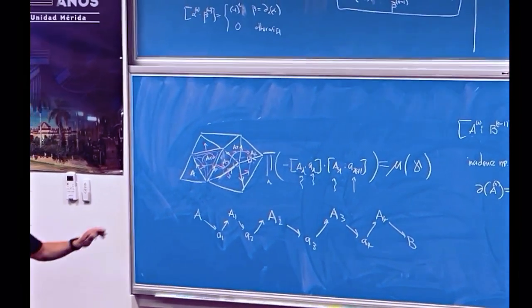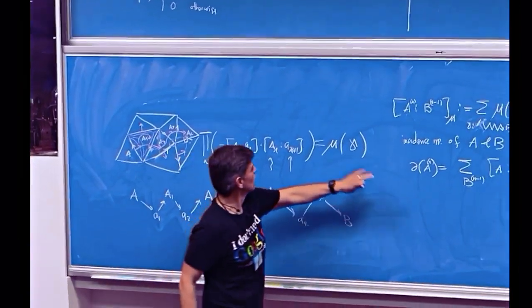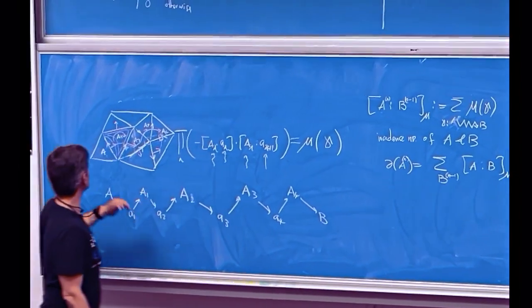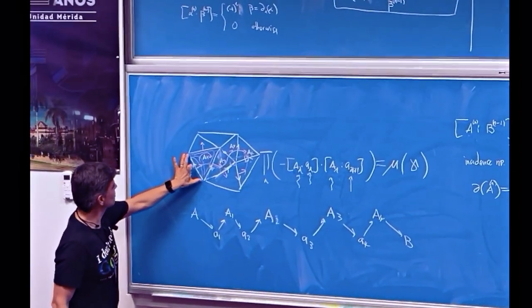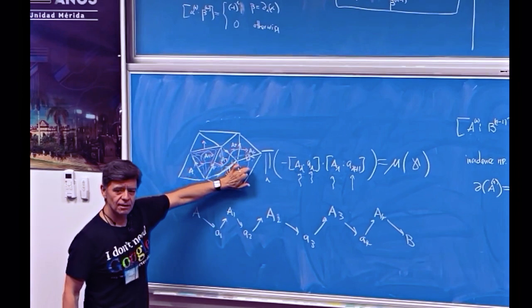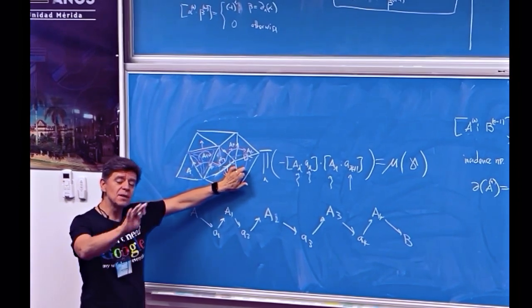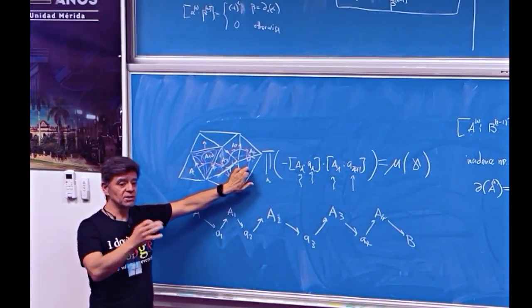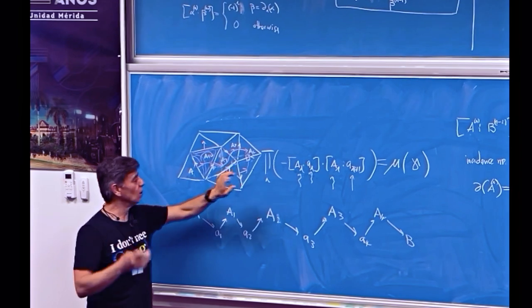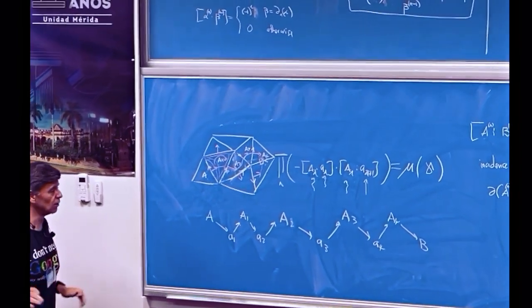It's just a way of encoding with some explicit numbers, formulas, how some given phase is touching and how many times, and whether it preserves or not orientation of all possible other cells.